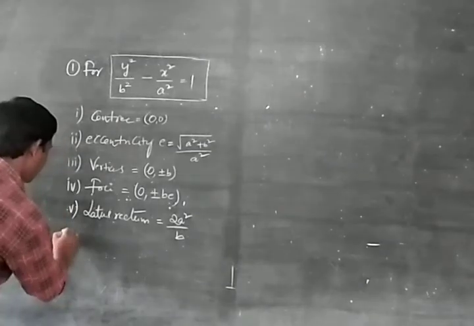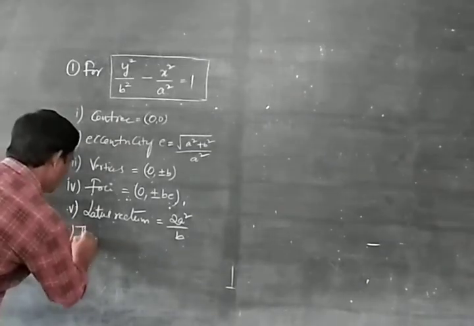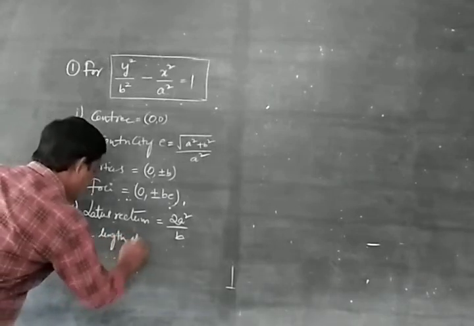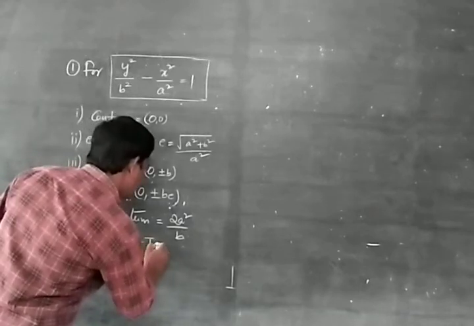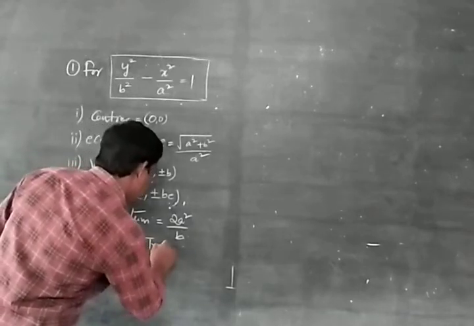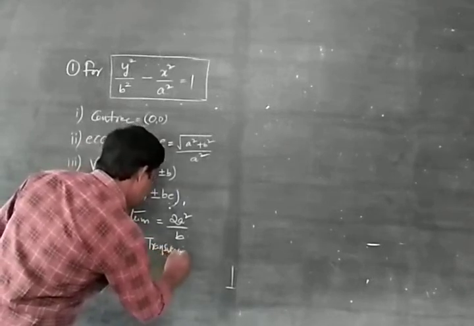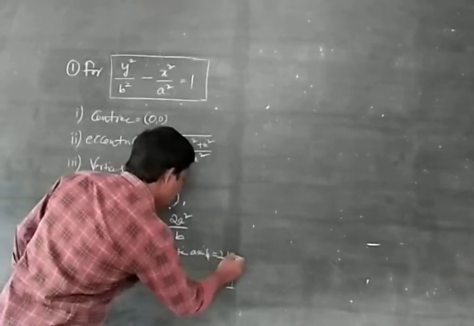And the length of transverse axis equal to 2b.